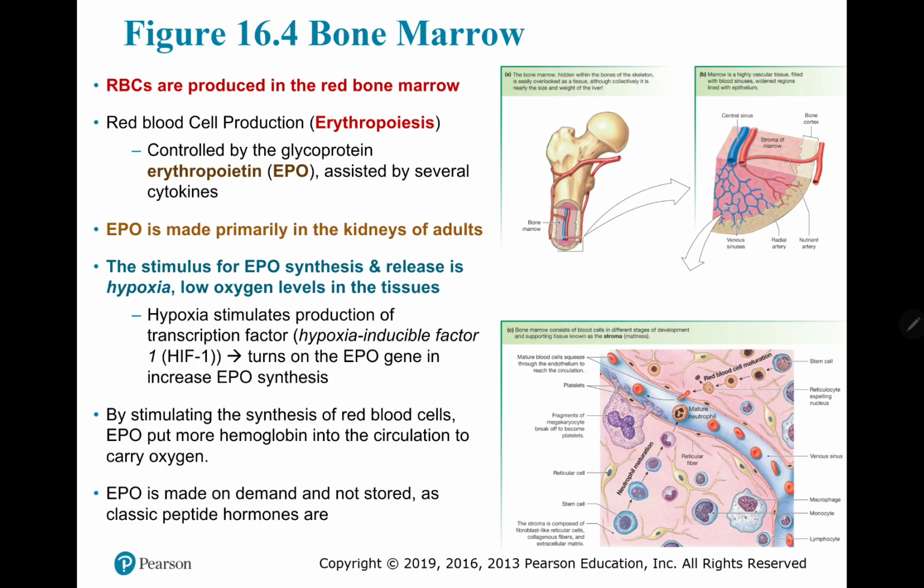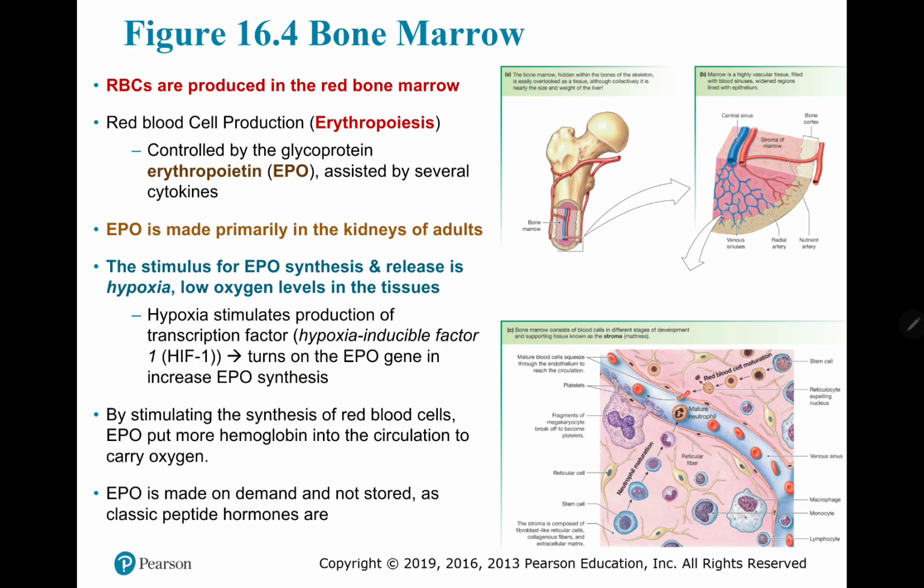Now, in the bone marrow, right, we mentioned RBCs, or red blood cells, are going to be produced in red bone marrow through a process called erythropoiesis. Because of that glycoprotein erythropoietin, it's also going to be assisted by several cytokines. But like I mentioned, right, the stimulus for EPO synthesis and release is hypoxia, right? So low oxygen levels in the tissues.